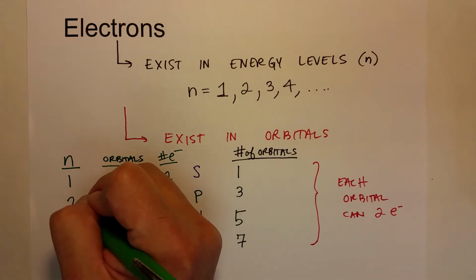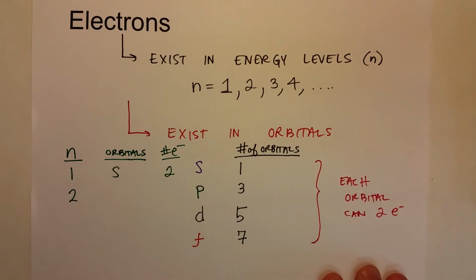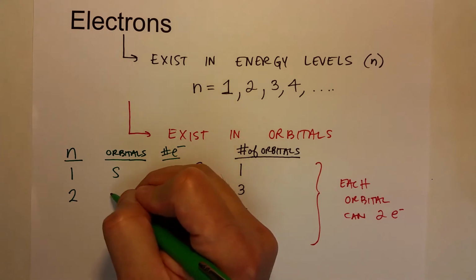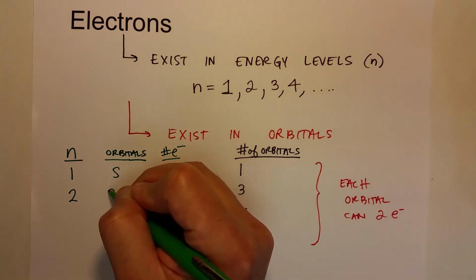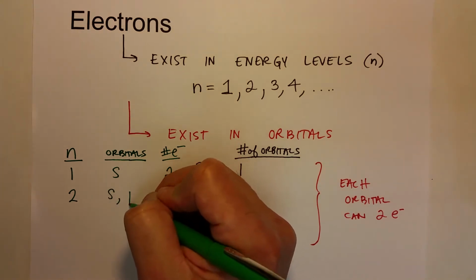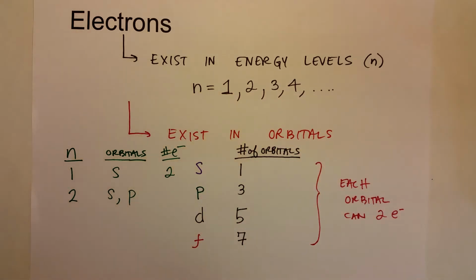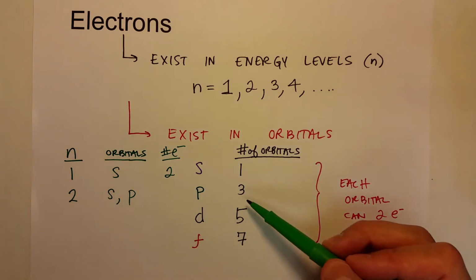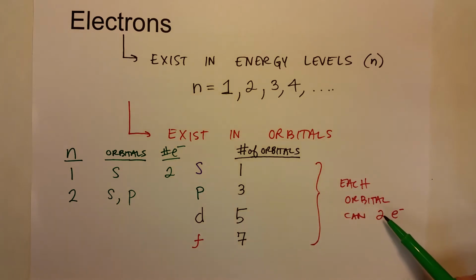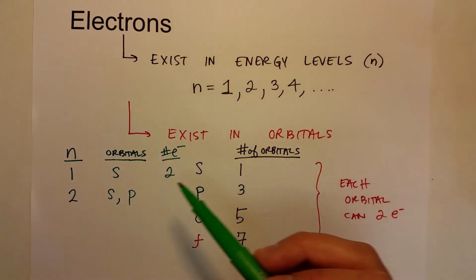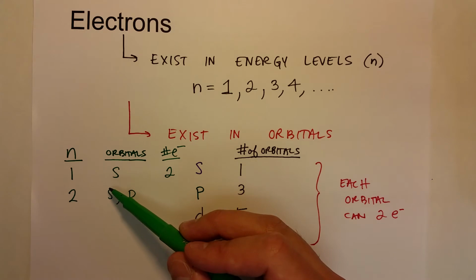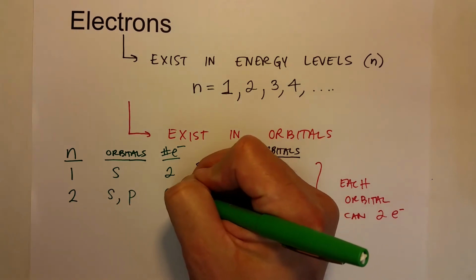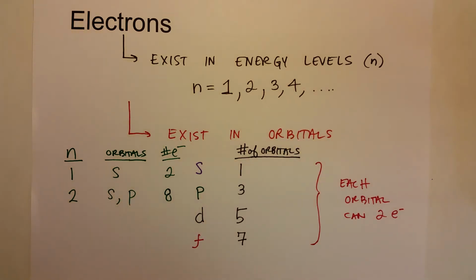If n equals 2, we've got the second energy level. Electrons can exist in the s orbital or the p orbitals, all 3 of them. So in the second energy level, there's s and p orbitals, and since the p sublevel has 3 orbitals, each orbital can hold 2 electrons. That means there could be 2, 4, 6, 8 electrons in the second energy level.